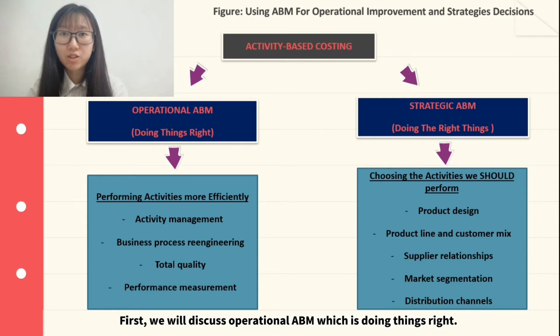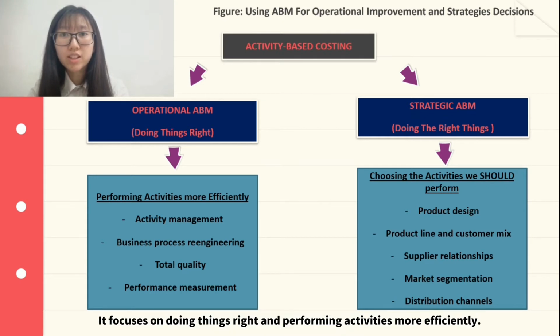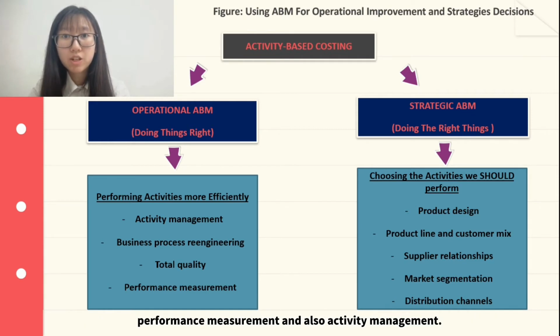First, we will discuss operational ABM, which is doing things right. Operational ABM manages the activities that increase operational efficiency and lower production costs. It focuses on doing things right and performing activities more efficiently. Operational ABM utilizes techniques such as total quality management (TQM), performance measurements, and activity management.